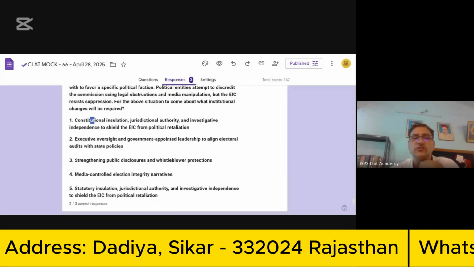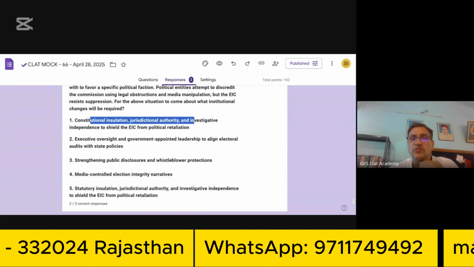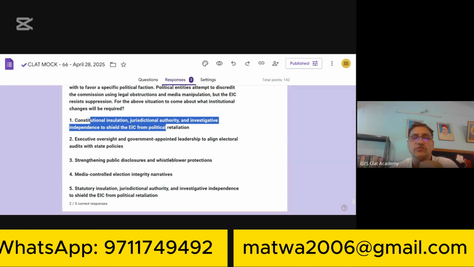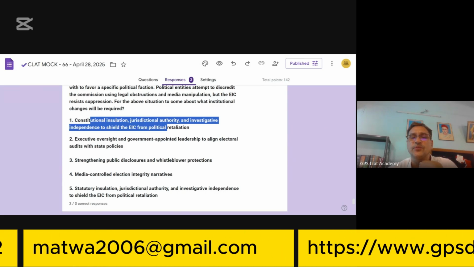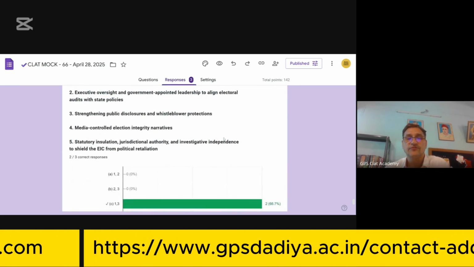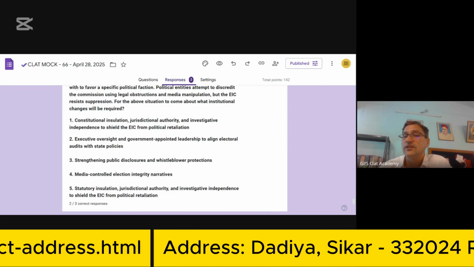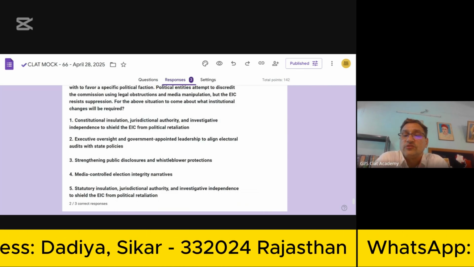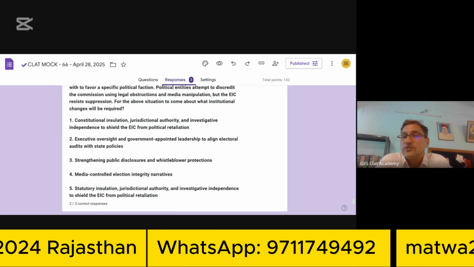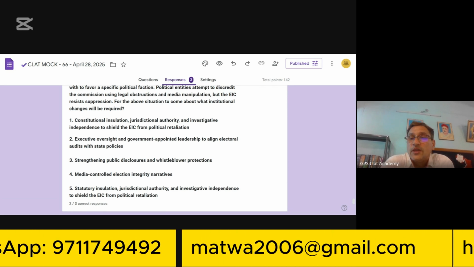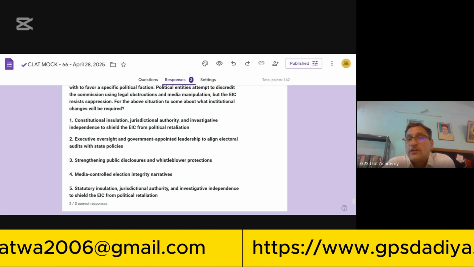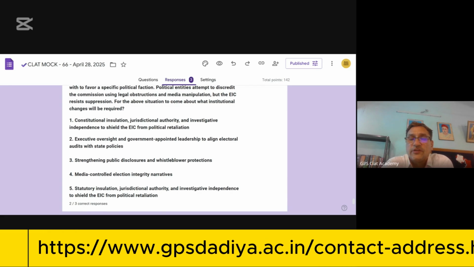Now, constitutional insulation, jurisdictional authority, and investigative independence to shield the EIC from political retaliation. Well, this will be required. Our constitution also has provisions which insulate the Election Commission of India from unnecessary, unwarranted political or executive interference.